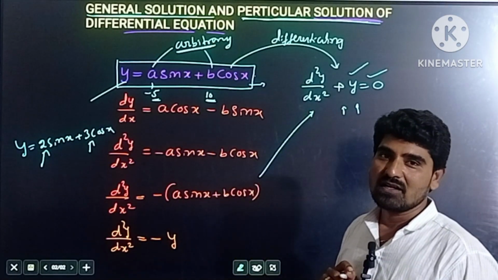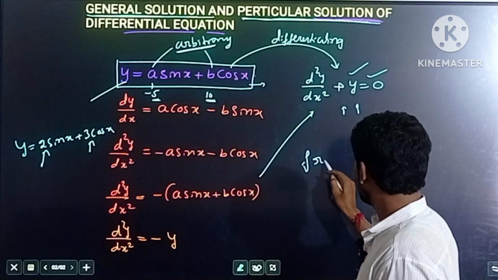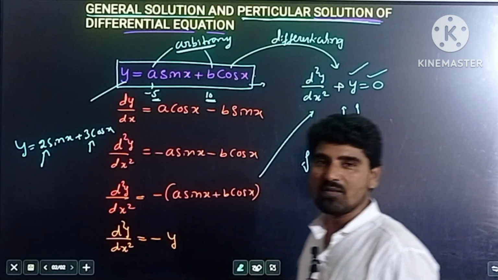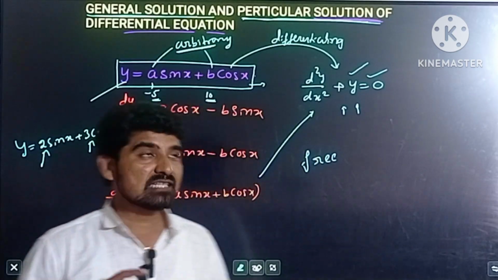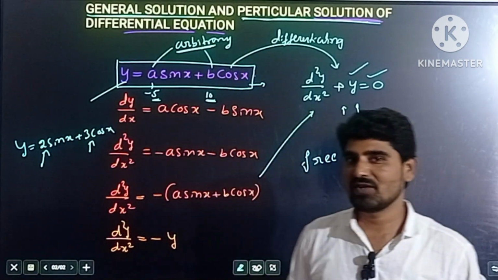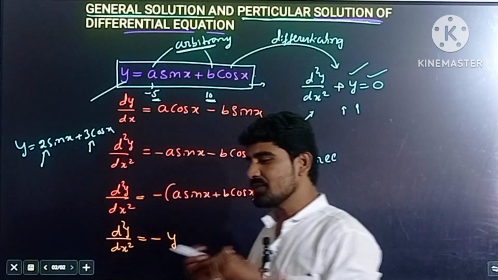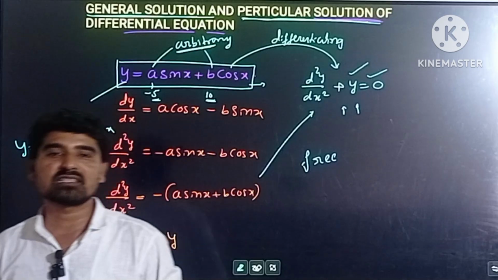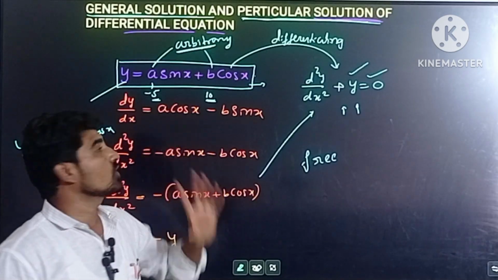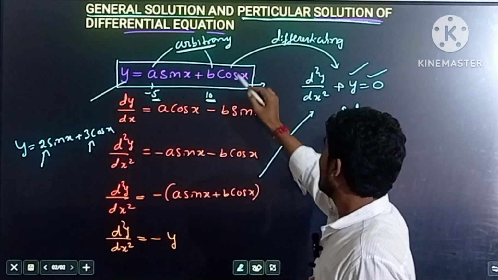It means the solution which is free from arbitrary constants is called a particular solution of the differential equation. I hope all of you understood. Particular solution means a solution which is free from the arbitrary constants is called a particular solution of the differential equation. I hope all of you understood.